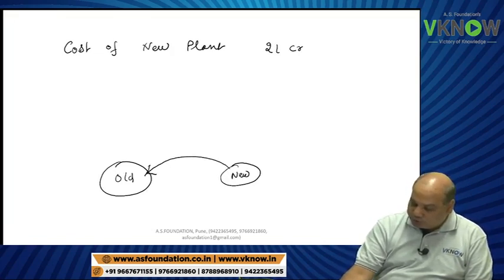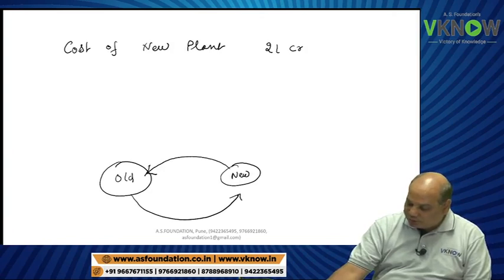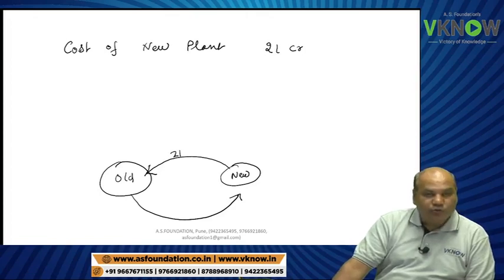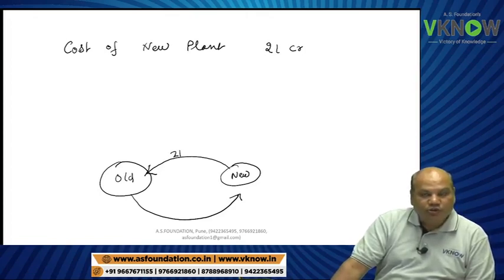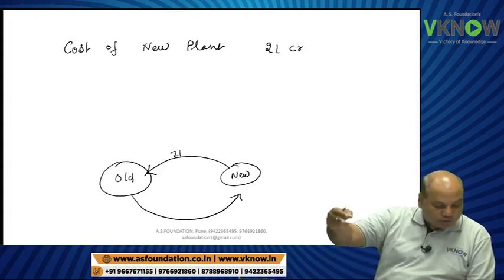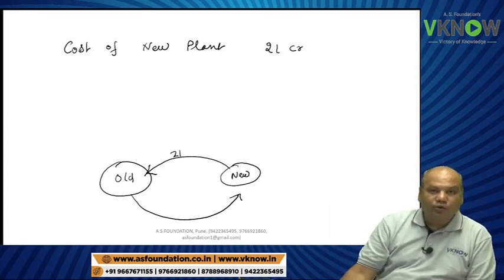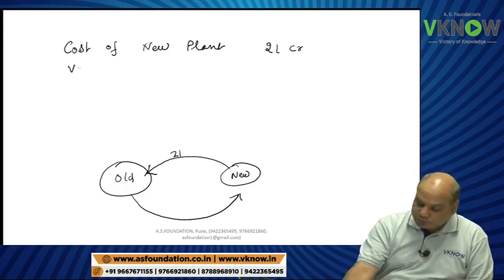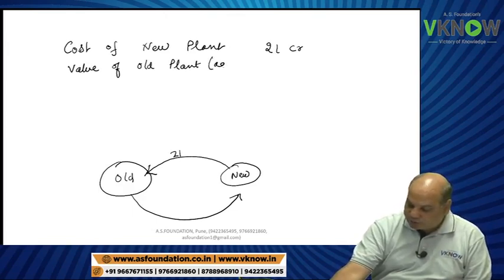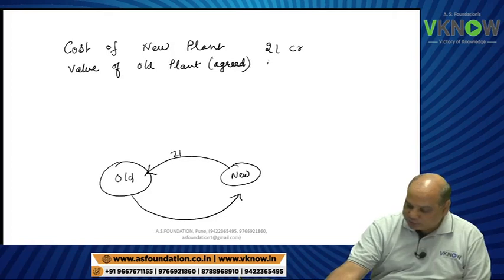New you will receive, old you will give. So the cost of new is 21. The book value of the old plant was rupees 12 crore, means WDV was 12 crore. But the vendor took over the old plant at a value of rupees 10 crore only. So the value of old plant agreed between the two parties is 10 crore only.